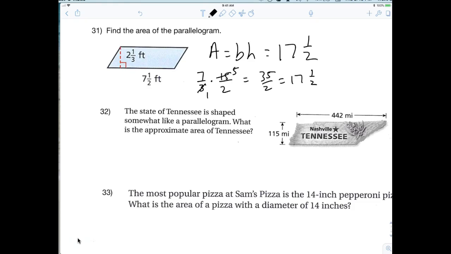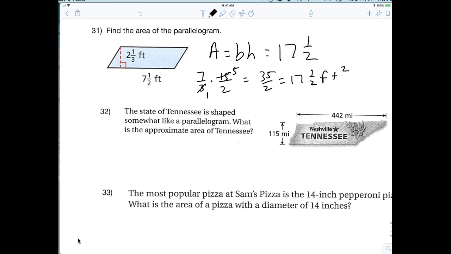All right? Now, what about 32? What's the approximate area? Uh-oh, I forgot to put over here 17 1/2 what? Feet squared, right? All right, so about what's the area of Tennessee? So it's a parallelogram. What's the formula for area of a parallelogram?